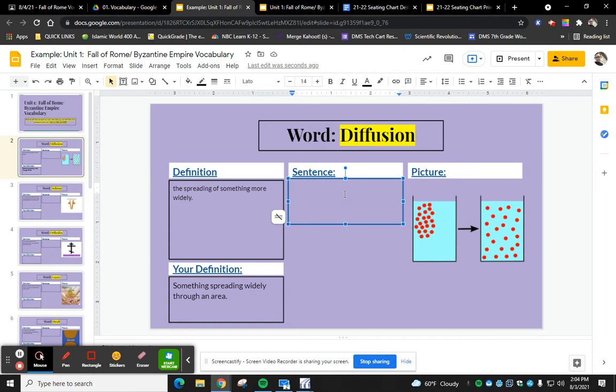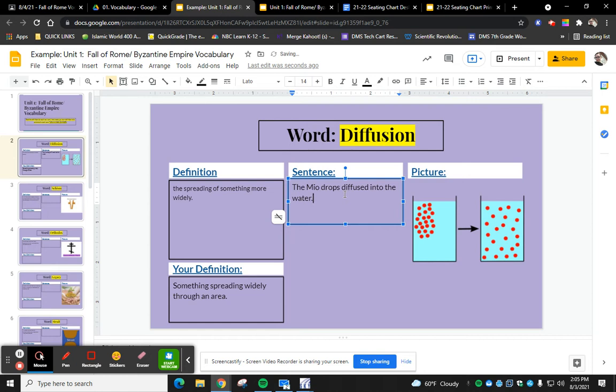However, diffusion, you talk about it a lot in science class where something is diffusing or spreading. So I am going to say the neodrops diffused into the water. If I could say properly.